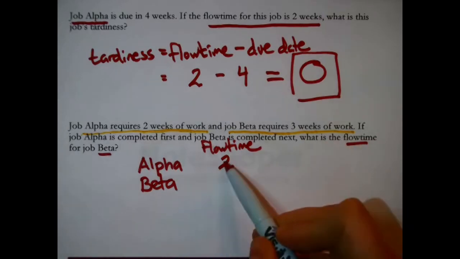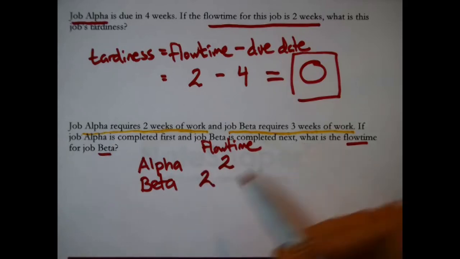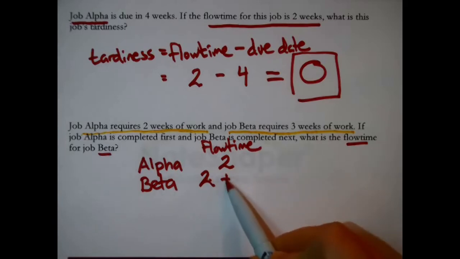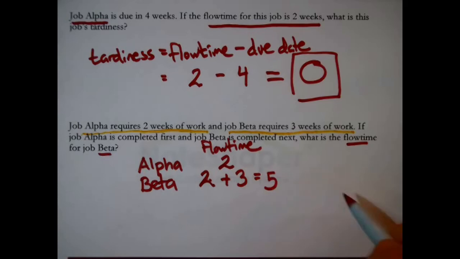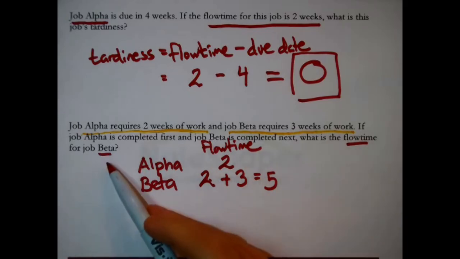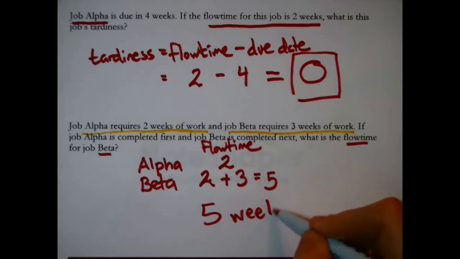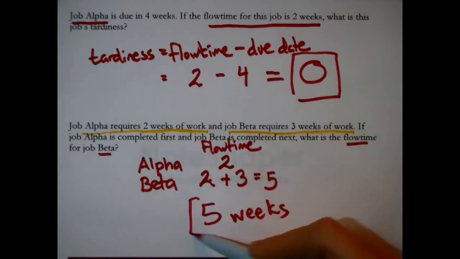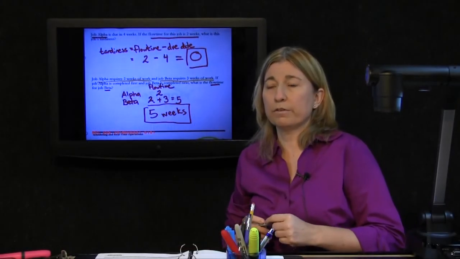Beta has to wait until alpha finishes because it's next. That means it will wait for 2 weeks, that 2, plus it's going to be 3 weeks' worth of work. Its flow time is 5. That's what the question was asking, the flow time for beta. So the answer is 5 weeks. We will be finished with the job called beta in 5 weeks.